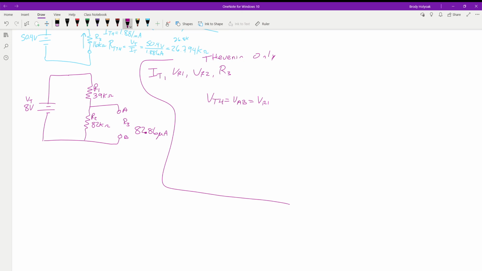In this case, VR2 is going to be, we're going to use voltage divider. So we have 8 volts, and we multiply that by our 82K divided by the 82K plus 39K. Because all we have in this instance is just a simple series circuit with 2 resistors. Just voltage divider.